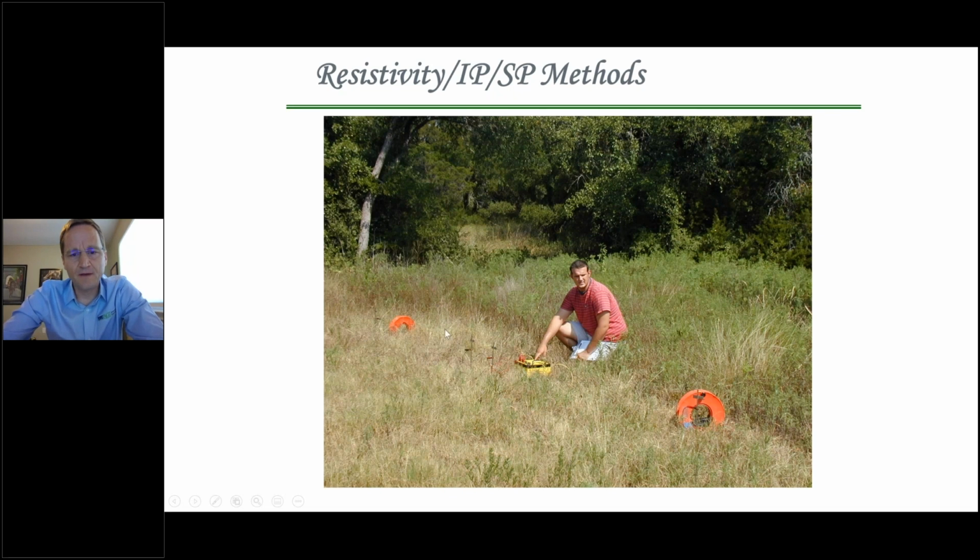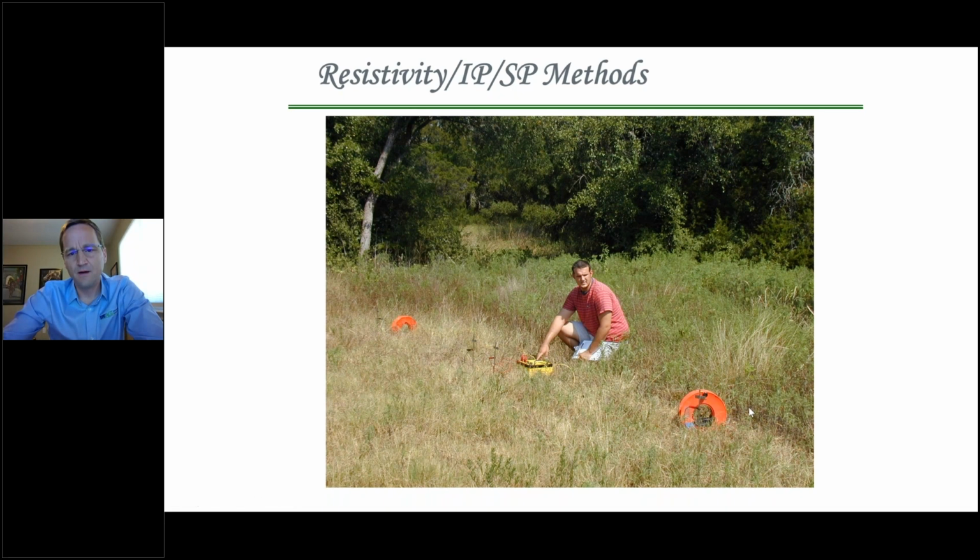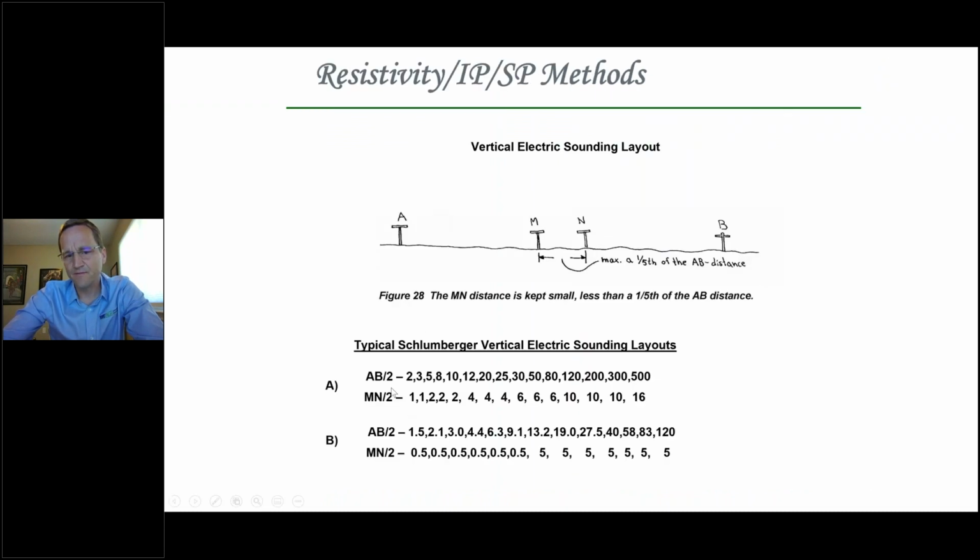Okay, that's the MiniSting in the field. Quick picture of that, with the potential electrodes and the current electrodes and the operator in the middle with some cable reels. There's the Schlumberger array. This has fewer movements.